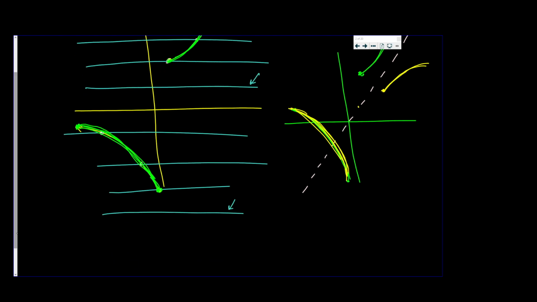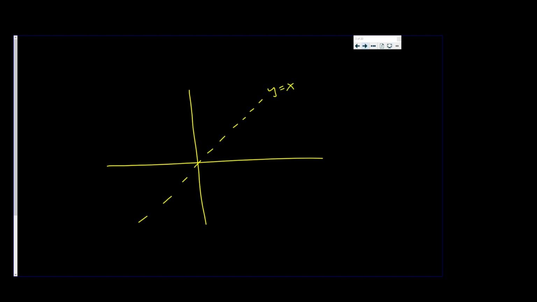Now, to make it real clear that two functions can be their own inverse, suppose you have this function, so you have y equal x, and maybe you have this line which is perpendicular to it.